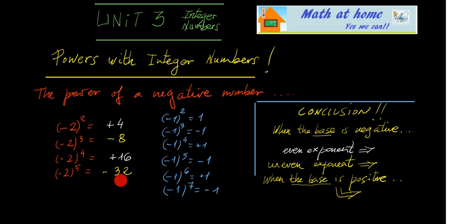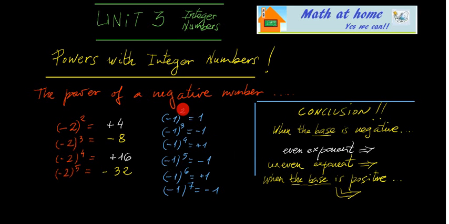What happens if we do the 6th power of negative 2? We can see the rule here, because the sign is always changing, since you are always multiplying by the negative number.